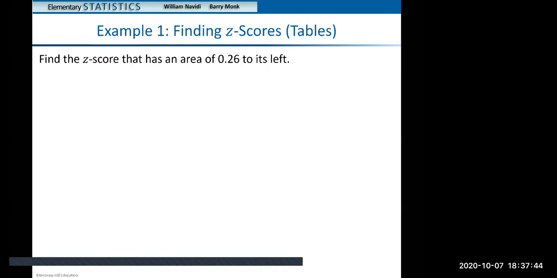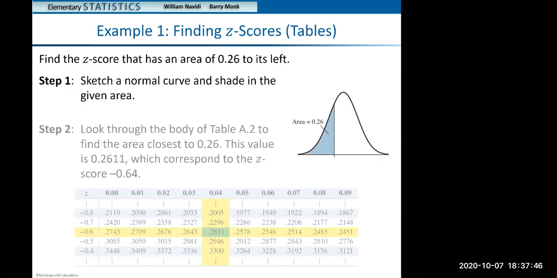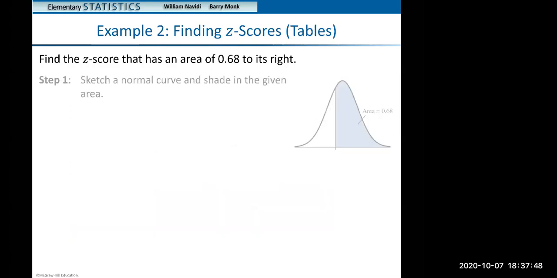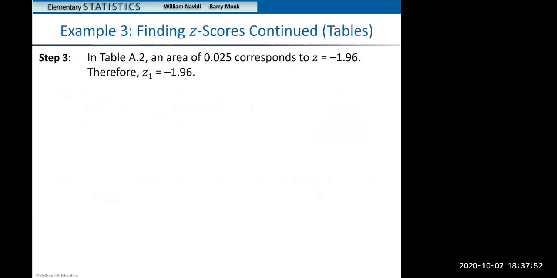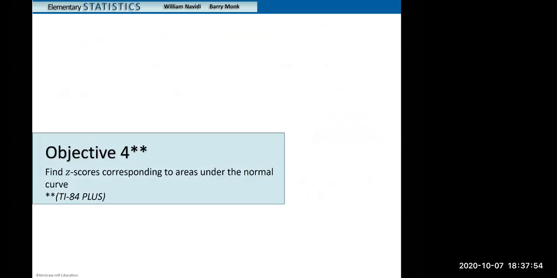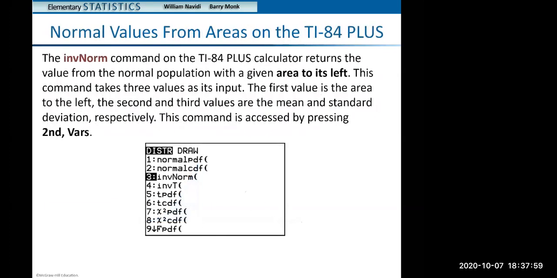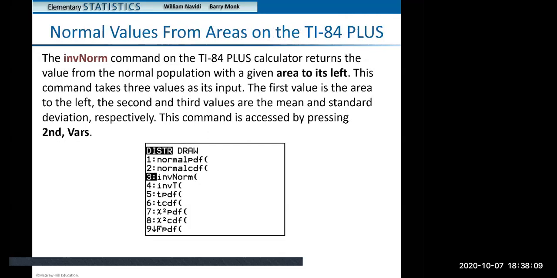But this is by using tables. We're going to solve the same problems, but we're going to use your TI-84. The next key here is second vars, the third one, inverse norm. That's how you find the z-score.